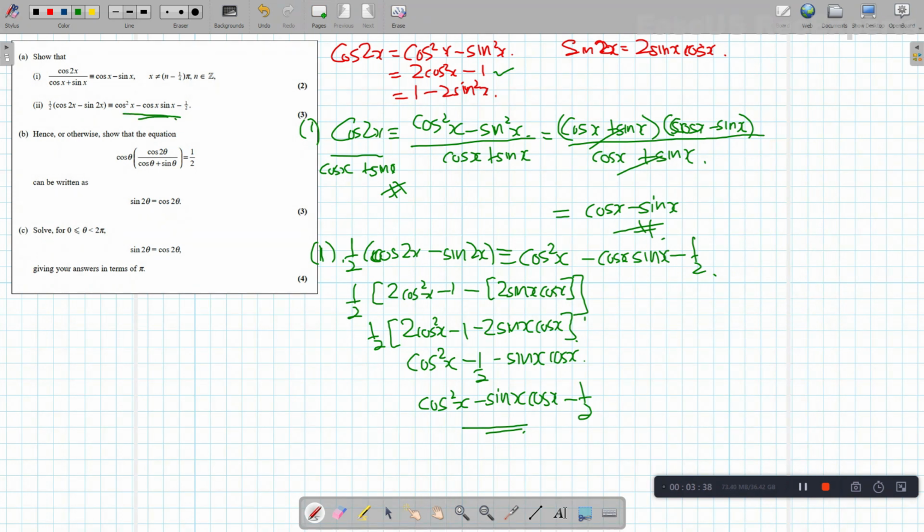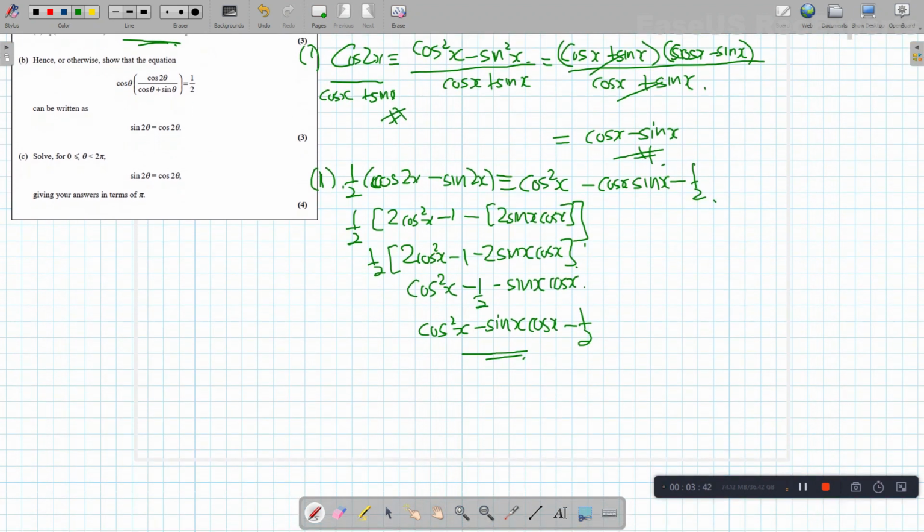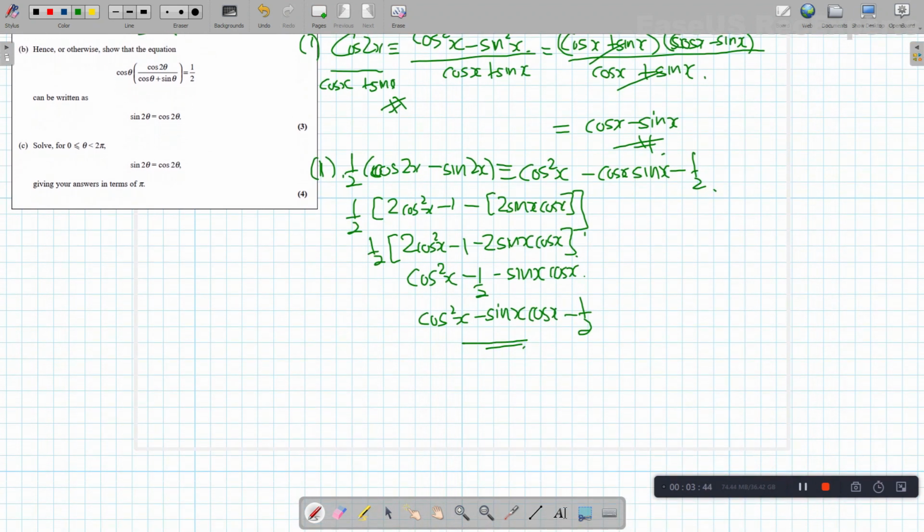Okay, next question. Hence or otherwise, show that the equation cos theta times (cos 2 theta over cos theta + sin theta) equals half. Let's do this now.